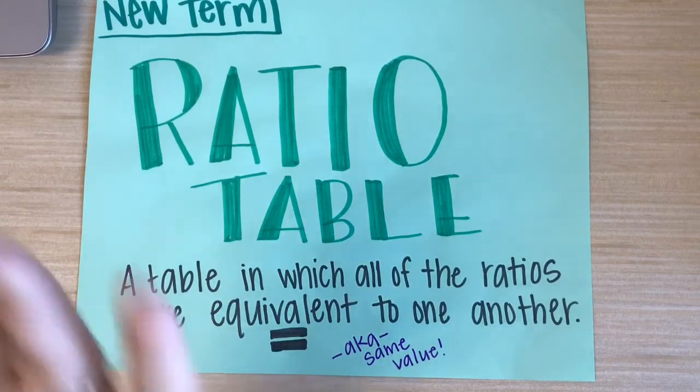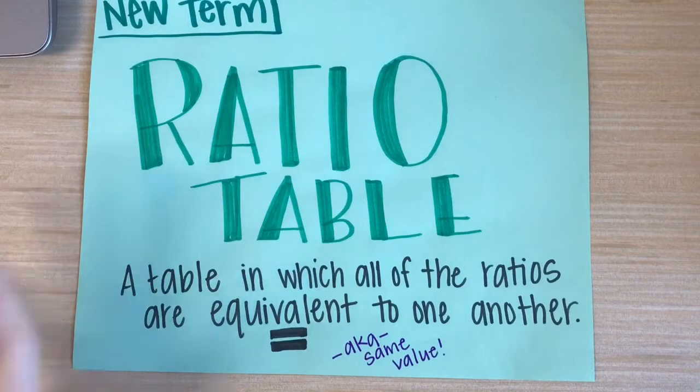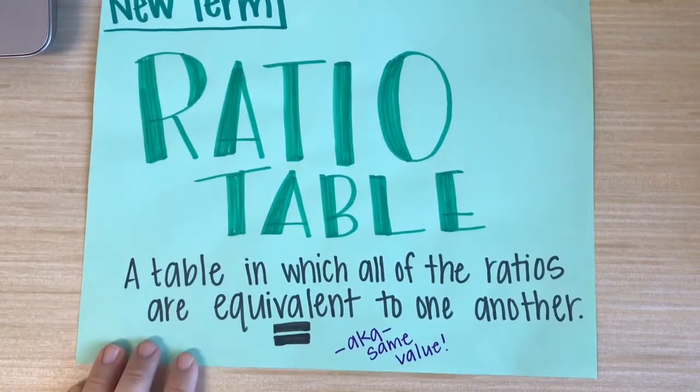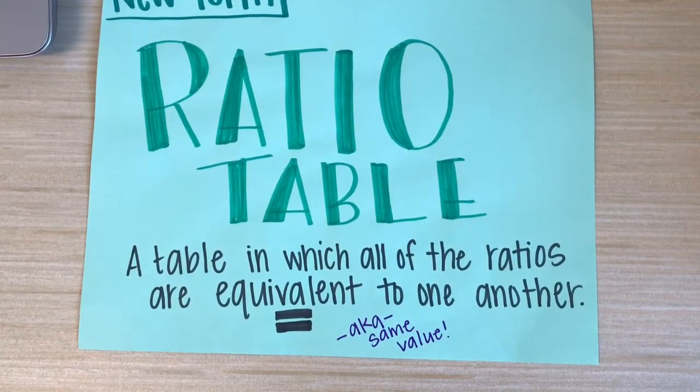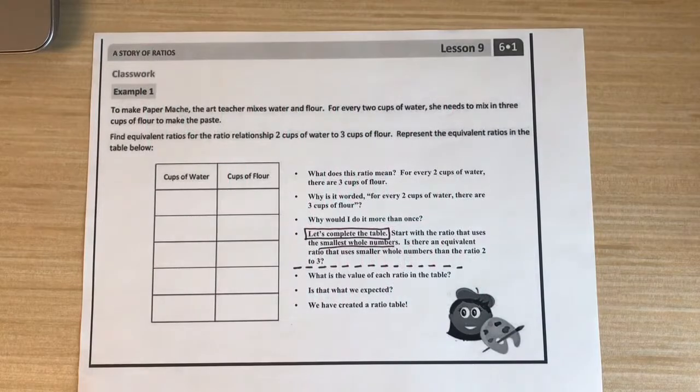Something we're going to keep coming back to is this idea of a ratio table. The definition of a ratio table: it is a table in which all of the ratios are equivalent to one another. And I put down here, aka they have the same value. And you'll be seeing that modeled today. All right, so let's go ahead and start with example 1.